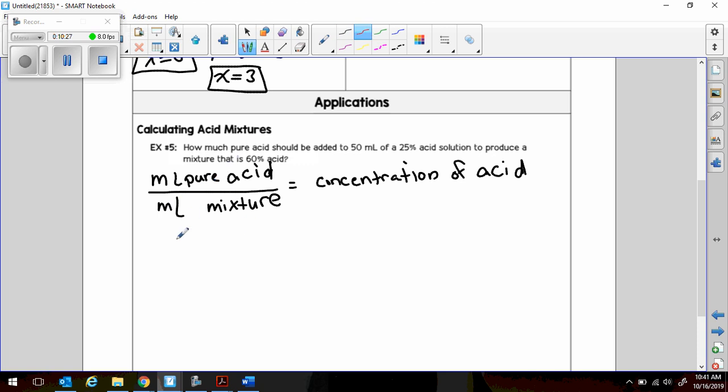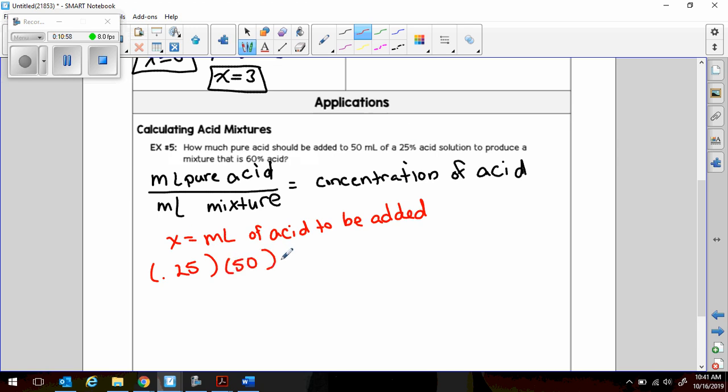Okay, so x is going to be the milliliters that we have to add. So we have 0.25, a 25% acid solution, of the 50 milliliters. So 0.25 times 50 is going to be the milliliters of pure acid.